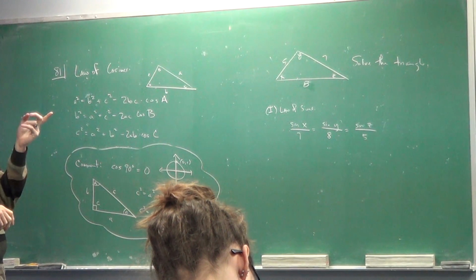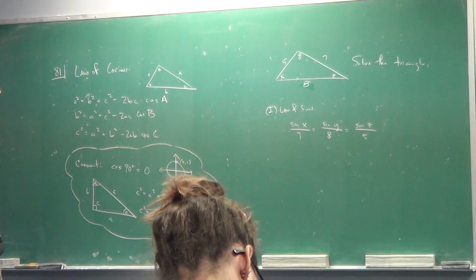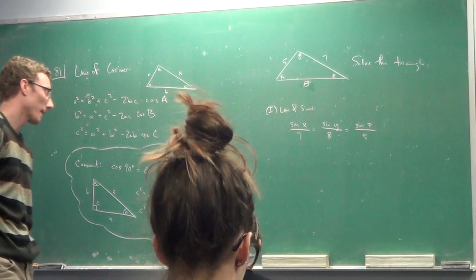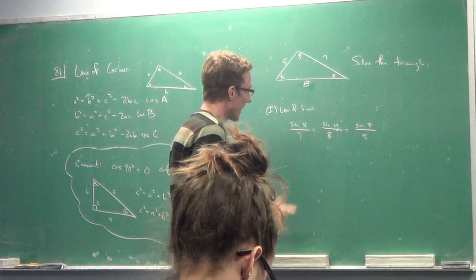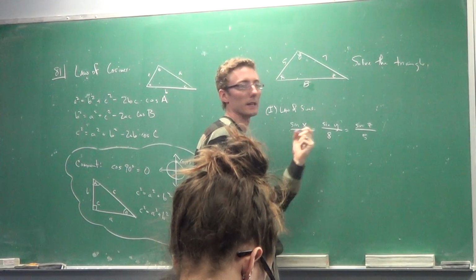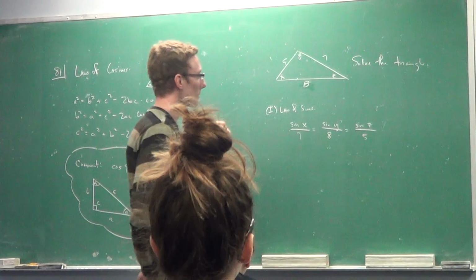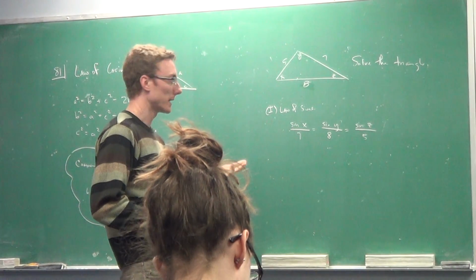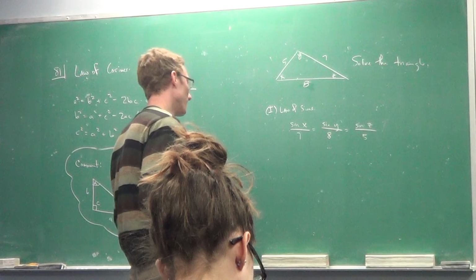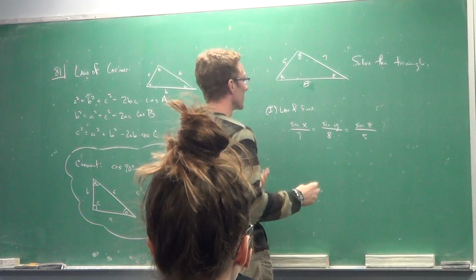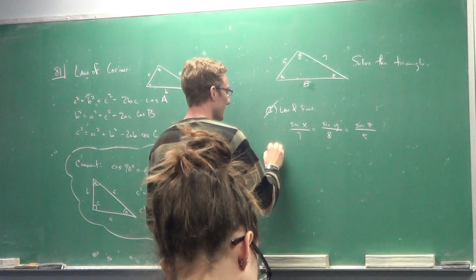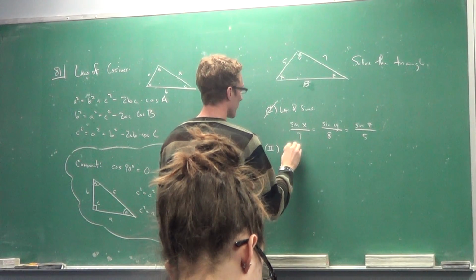Okay, so think about this. If you use any two of these expressions to make an equation, you're always going to have two unknowns and basically have no way to solve for the unknown, because you have one equation, two unknowns. There's no way to get there. So law of sines is not going to initially work.